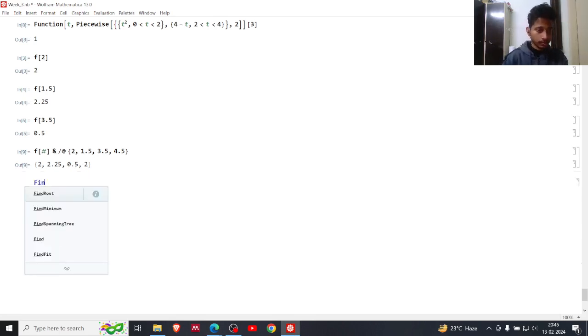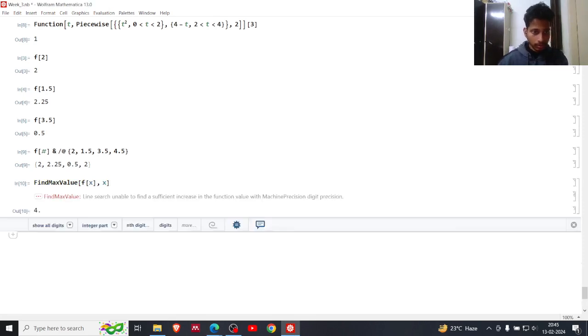Now find the max value of f of x comma x, which is 4.